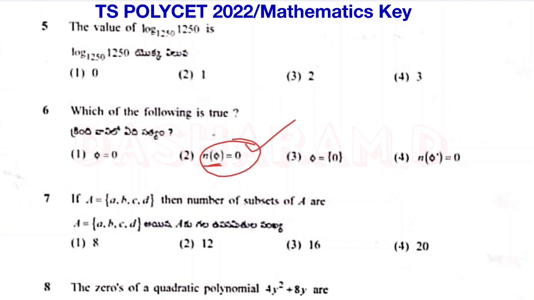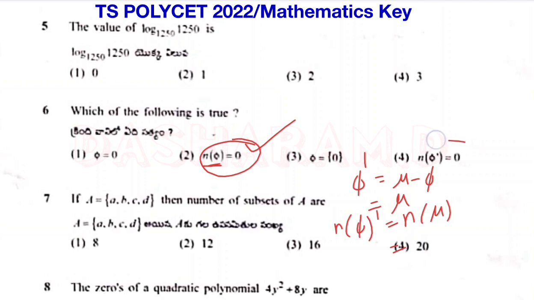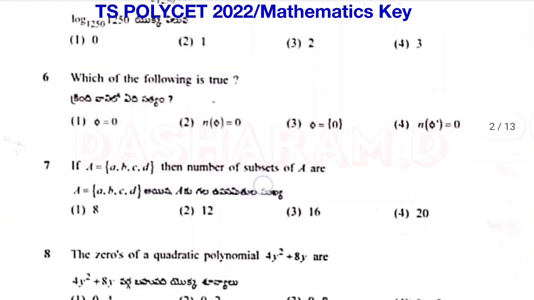Complementary set means phi complement is nothing but mu minus phi, where mu means universal set. Universal set minus phi is the universal set itself. So n of phi dash equals n of mu. Generally n of mu can never be equal to 0, but here the given answer is 0. So option 2 is correct.